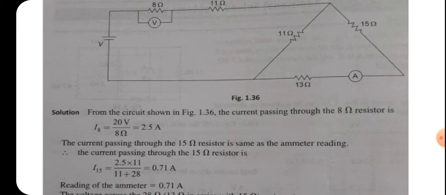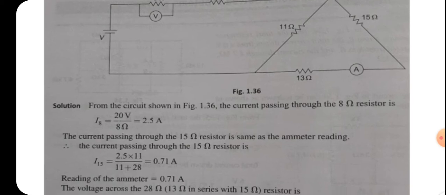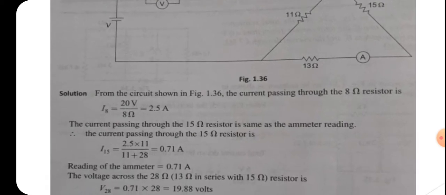When a current of 0.71 ampere flows through this series combination of 15 ohm and 13 ohm, there will be a voltage drop. We can find that voltage drop by using Ohm's law. The voltage drop across the series combination of 15 ohm and 13 ohm, V28, is equal to the current through this series combination into resistance.